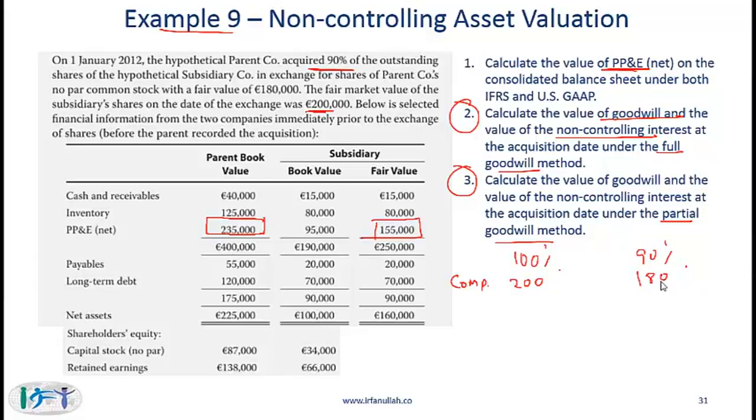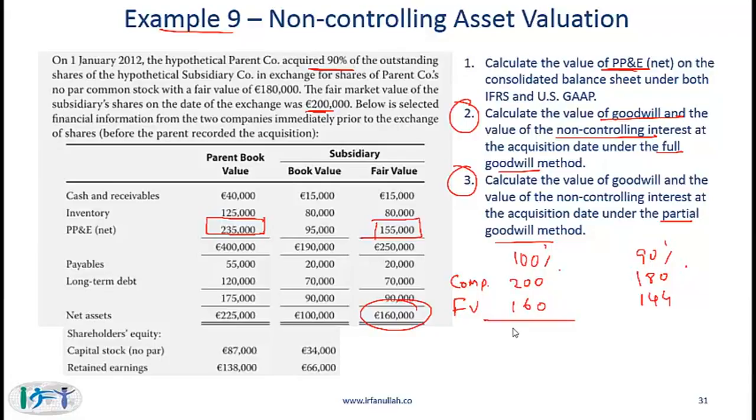And this is the amount that is actually paid. What about the fair value of the net assets? That number is right here. It is 160,000. 90% of this number would be 144,000.